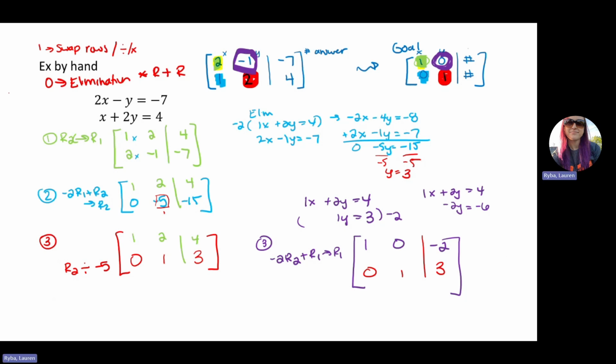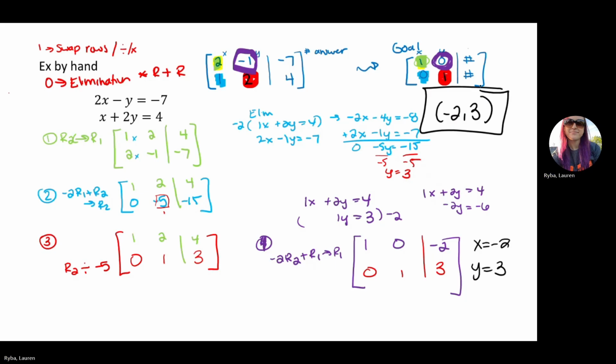Once I get to this form, I am done. And that's step 4, not step 3. So our final solution here says x is -2, y is 3, so -2, comma 3. And I am recording this as well, so you can always go back and look at it.